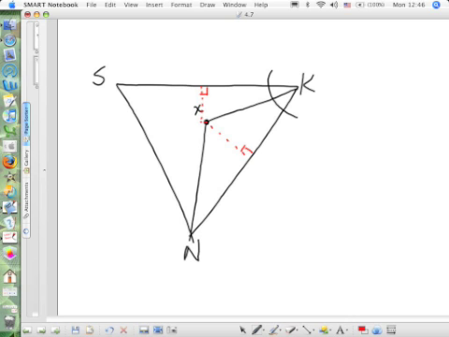If X is on the bisector of an angle, all we know is that that point is equidistant to the sides of the angle. We don't know that the sides of the angle are equal to each other. We just know that the distance here is the same as the distance here. Okay. So I have two congruent triangles right there.